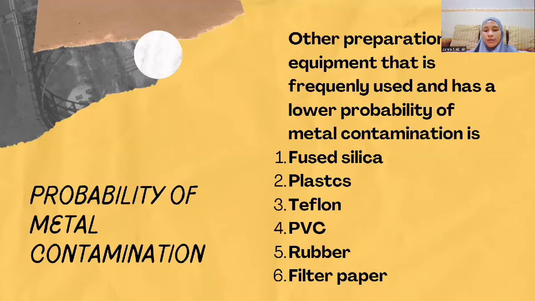And number 4, PVC or polyvinyl chloride. Number 5, rubber. And number 6, filter paper. To reduce metal contamination in water, it needs to be passed first into the ion exchange resin column, or at least two distillations are carried out.